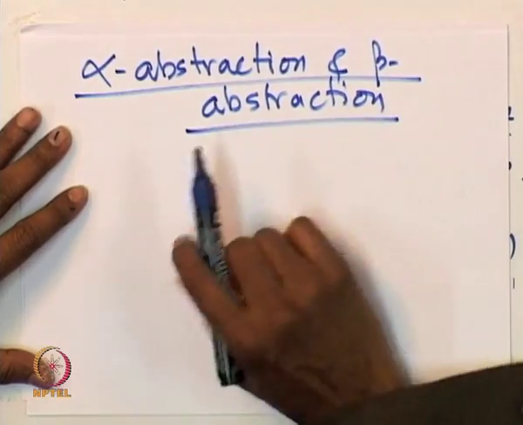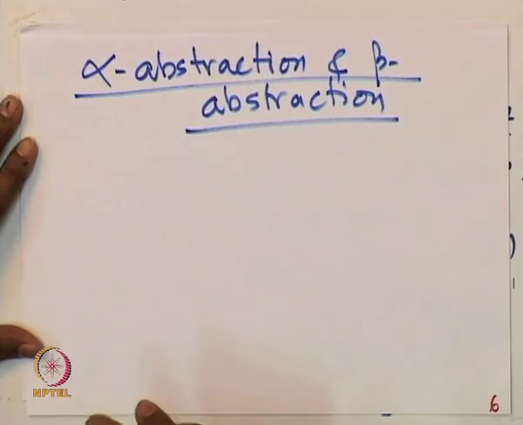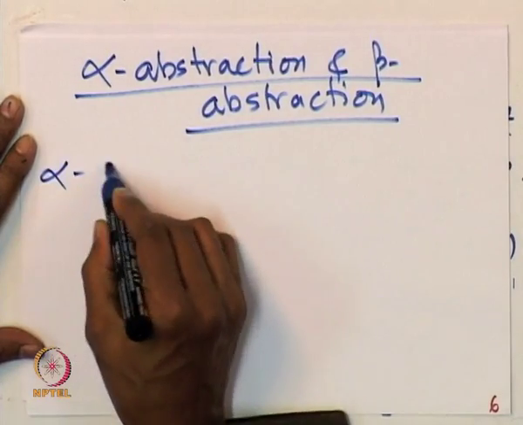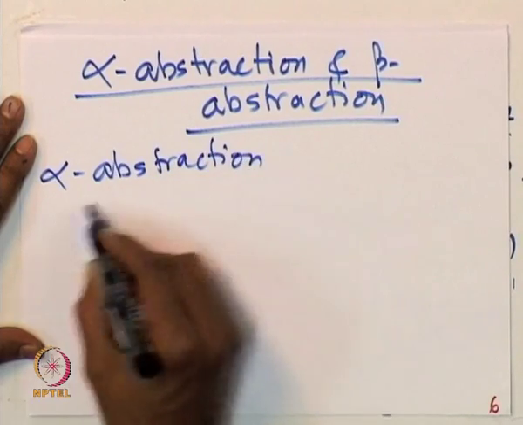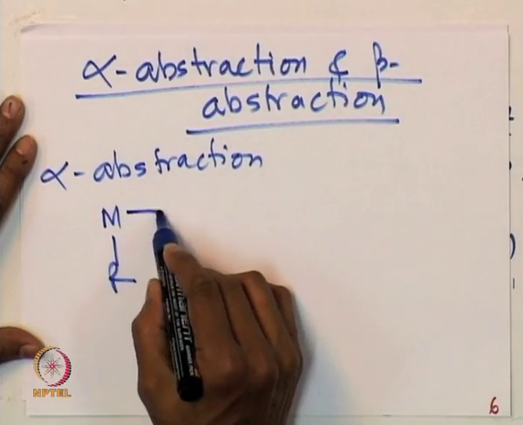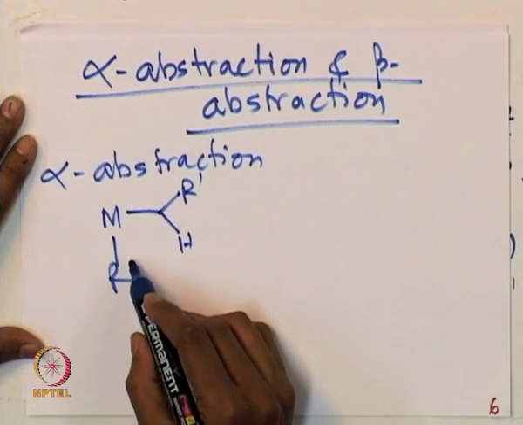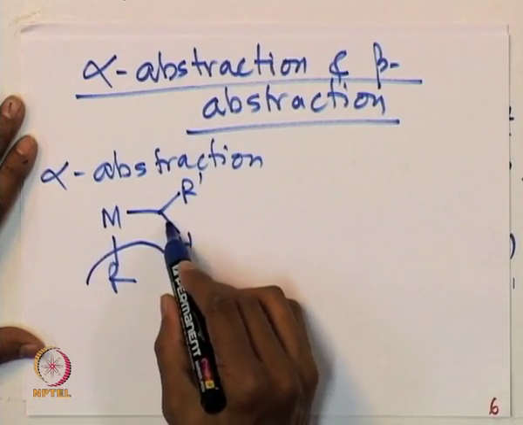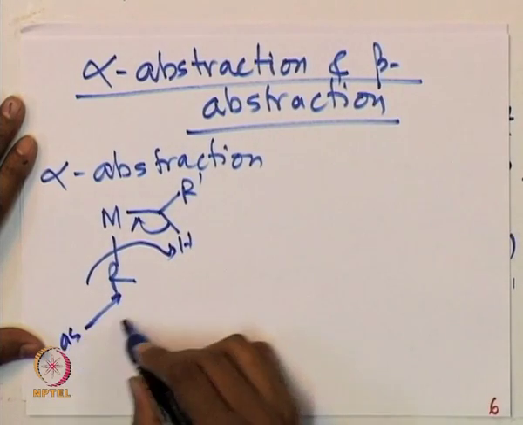Again, it is extremely crucial to understand that there is a subtle difference. What is the alpha abstraction? In alpha abstraction, you have a metal with, let us say, an R alkyl, it could be hydride as well. Now, this metal is taking and giving directly, let us say with a base, right.